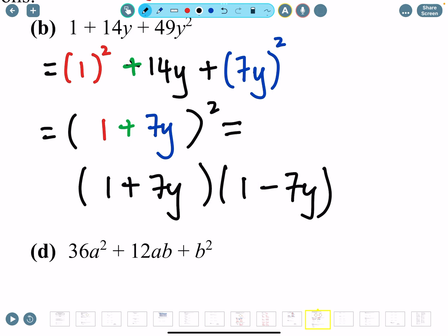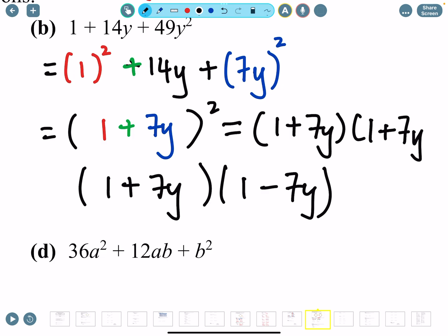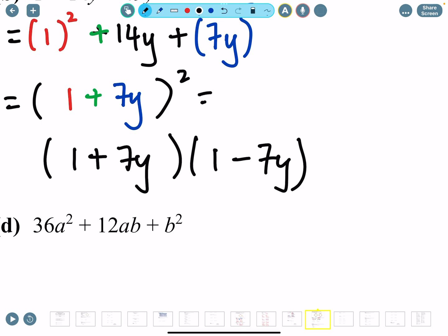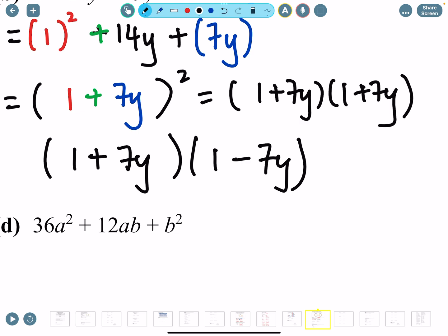But this one here is a plus b times a plus b. So basically, this one is a repeated addition, (1 plus 7y)(1 plus 7y). And the other one is (1 plus 7y)(1 minus 7y). It's quite different, okay? Don't mix them up.